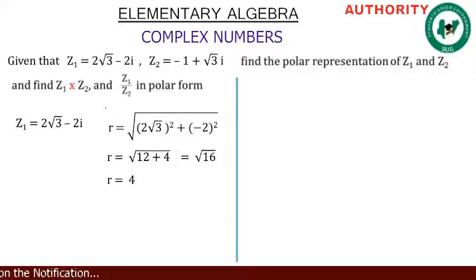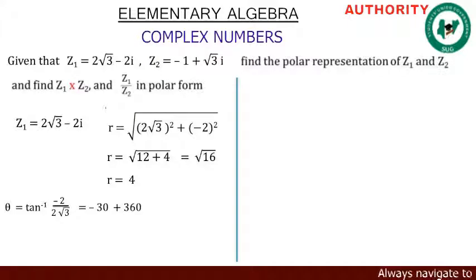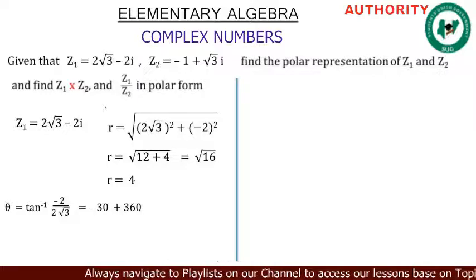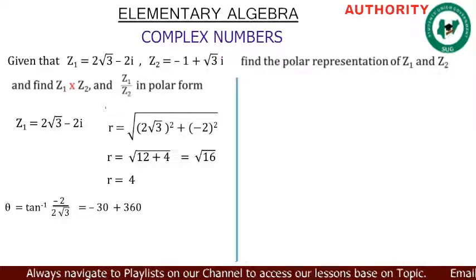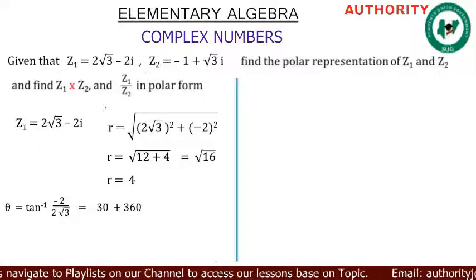Also, let's find our theta. Theta is tan inverse of minus 2 all over 2 root 3, which gives us minus 30 degrees.